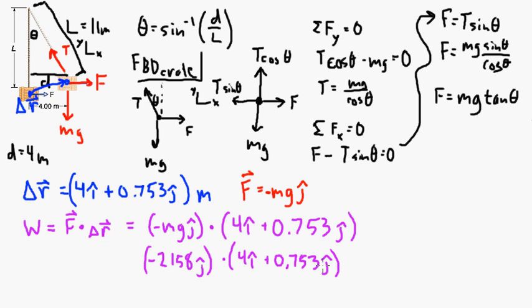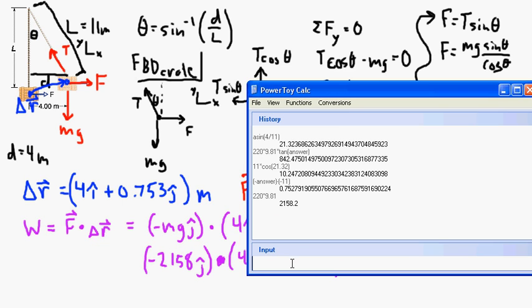Now, taking the dot product, we just distribute, because you can distribute dot product multiplication over addition. j dot i is 0. The other way to remember it is that we only have a vertical component of force, so really only the vertical change in our height matters. All that matters is negative 2158 times 0.753, our little rise there.